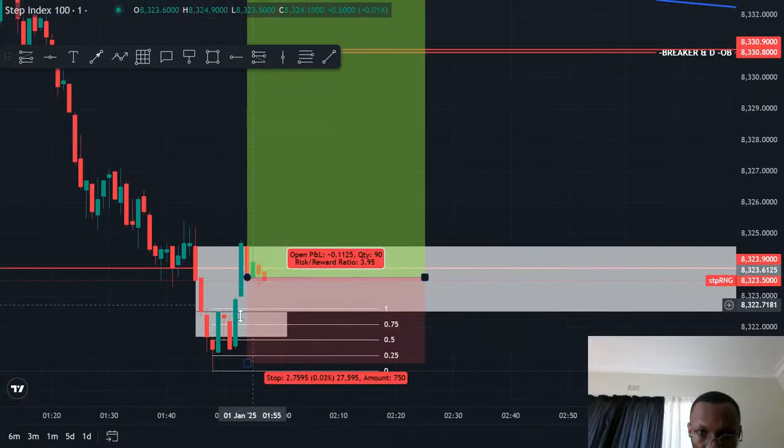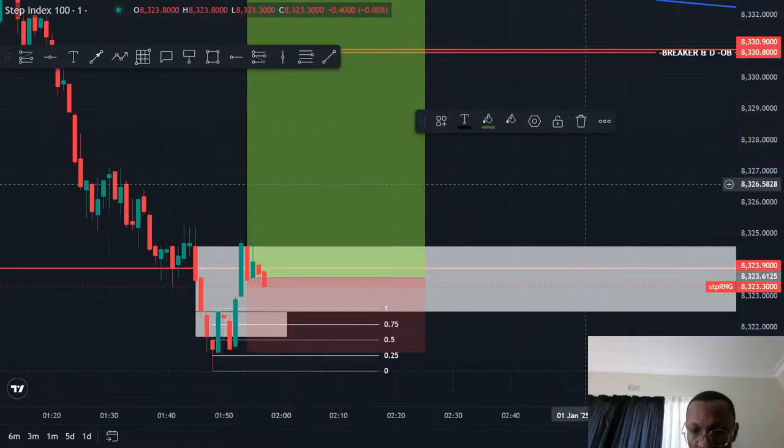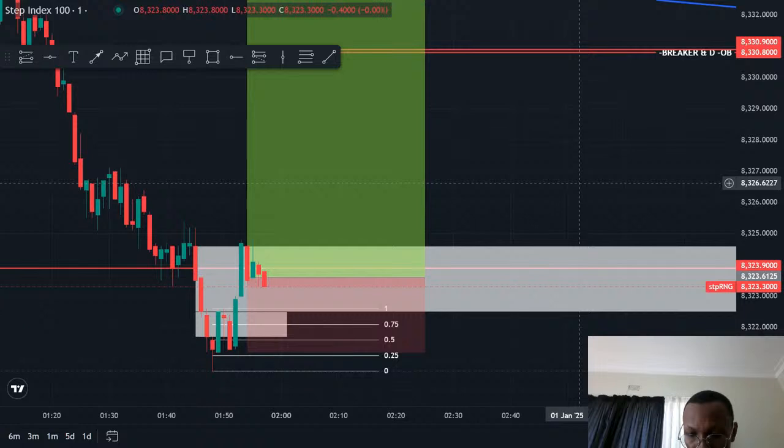I think it's actually more than appropriate to have the stop loss down here. I mean, if the market wants to come in, if the market goes way down there, so that reduces risk to only $2.70.